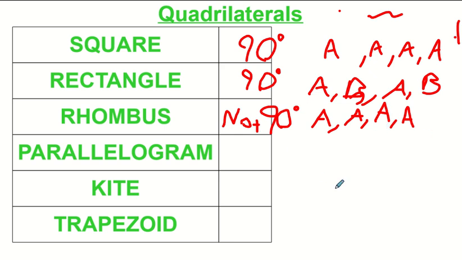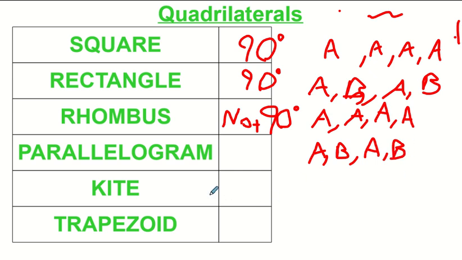What about a parallelogram? Parallelograms, they have the side lengths alternate. So they're going AB, AB.